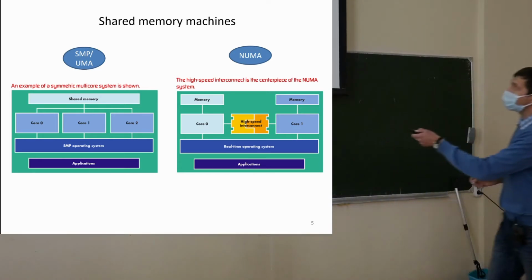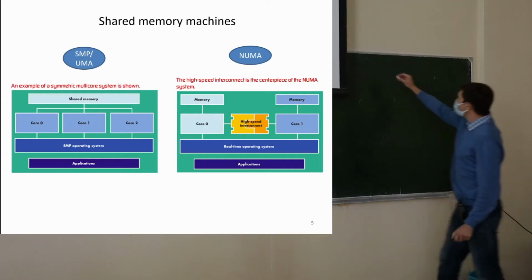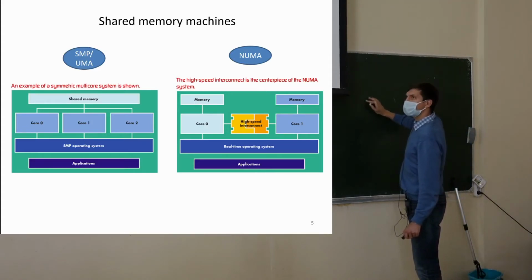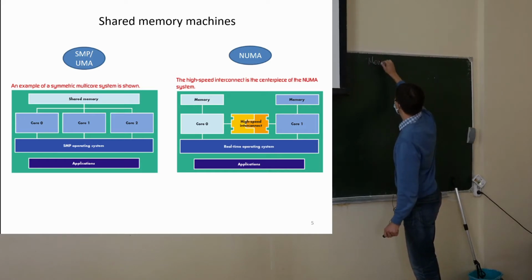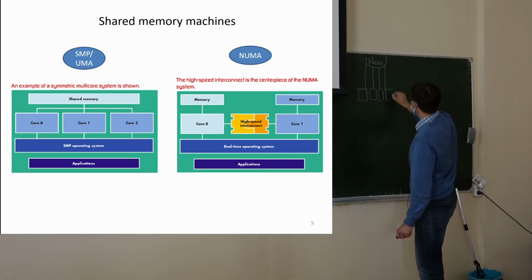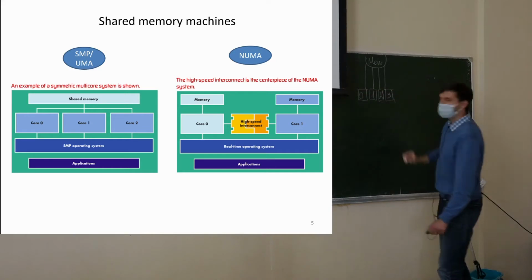So consider this one part in detail. Memory, how will it be? Okay, it can be like this. Memory, and this memory is connected with 1, 2, 3, 4 cores.